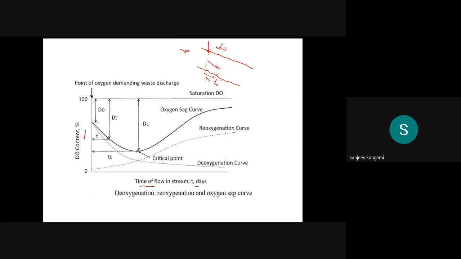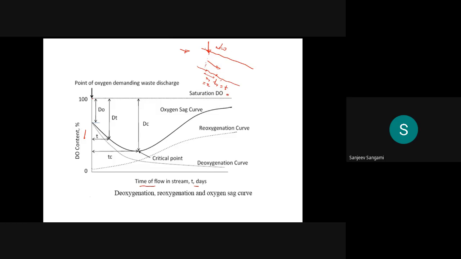Then whatever this x, consider it as x, x1 equal to x with respect to this diagram, T1 is equal to T. Then when you discharge at this point, assume that it is 100% DO is there. That is a saturation DO. At this point, assume that 100% DO is there.